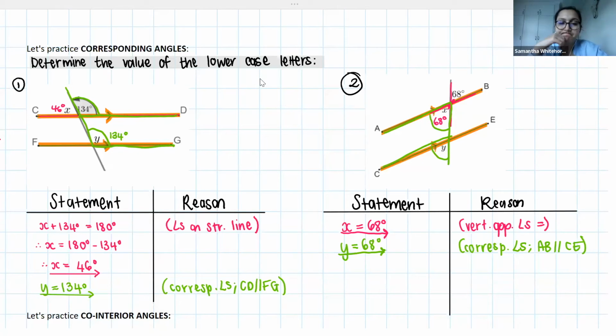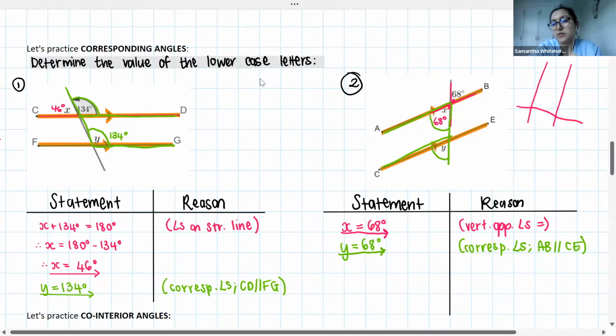Chloe? Ma'am, I wanted to ask, does the F depend on where the arrows are? Yes. So basically, I say where the arrows are, but it's more where the parallel lines are. So for example, if we had parallel lines like this and then a transversal cutting them, we have that F shape.